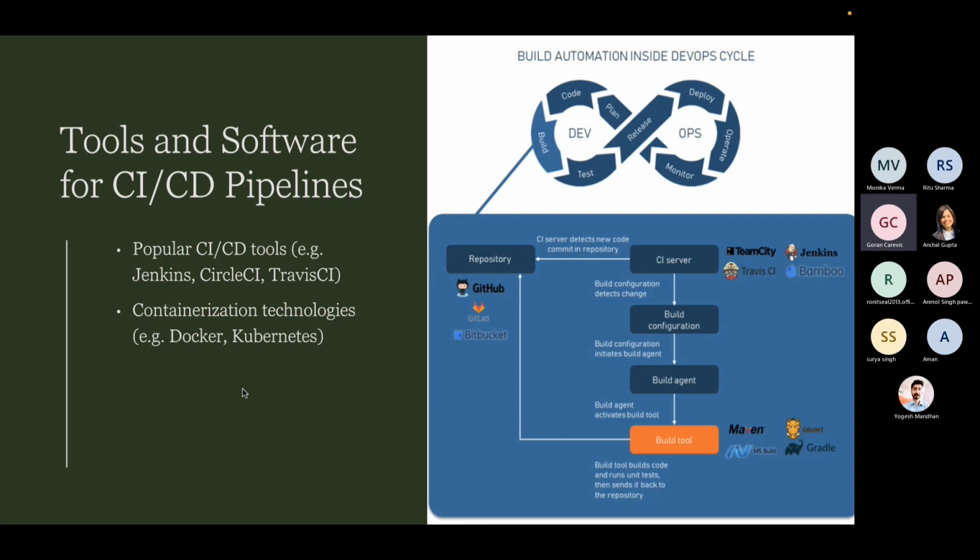Basically, these tools and software help in automating various stages of the CI/CD pipeline and make the process of software development more efficient and streamlined. As I mentioned before, using these tools, we can reduce manual errors, get continuous feedback, and release new features to the market faster.